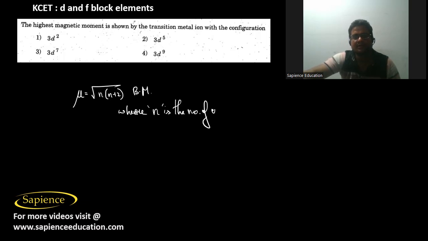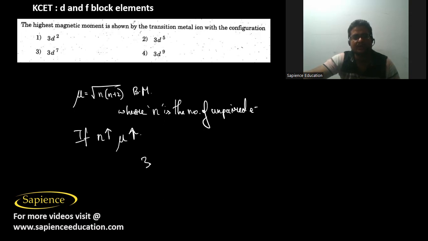Then it is told, the highest magnetic moment is shown by the transition metal ion with the configuration. As we know, the magnetic moment mu is given as root over n into (n plus 2) Bohr magneton, where n is the number of unpaired electrons. So if the number of unpaired electrons increases, then the magnetic moment will also increase.